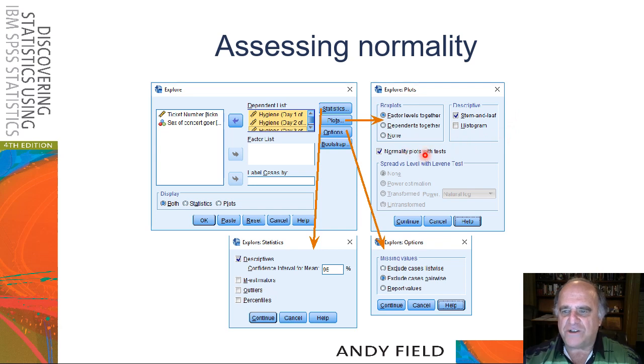And then, of course, you can also do normality plots with tests. So within SPSS, this Explore, which is under Analyze, Descriptive Statistics, will allow you to look at a lot of different kinds of data.